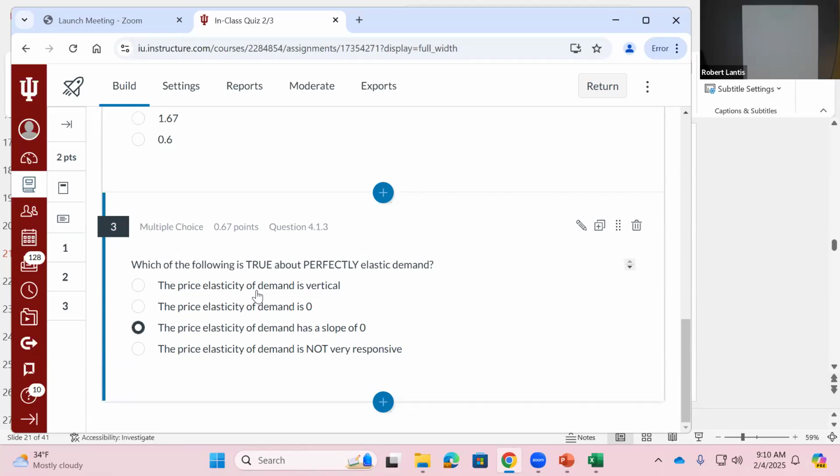So I should have a price elasticity that's not 0, but is infinite. My slope will be 0, though, right? And then, we said, if I'm perfectly elastic, am I being responsive? I'm being very responsive. So we know that one doesn't make any sense, right? It's not that I'm not being responsive.